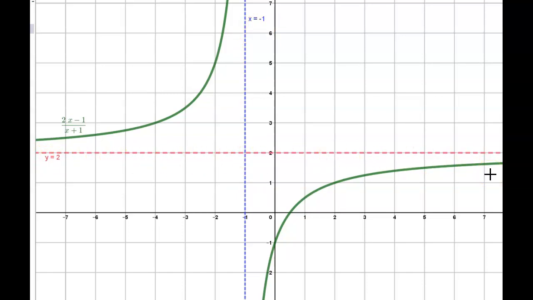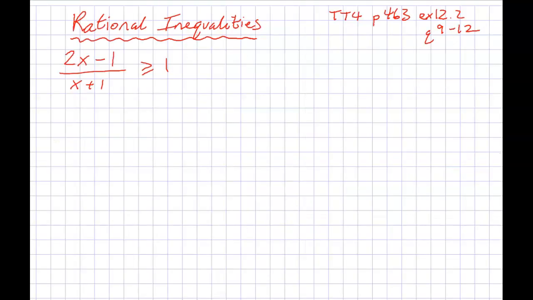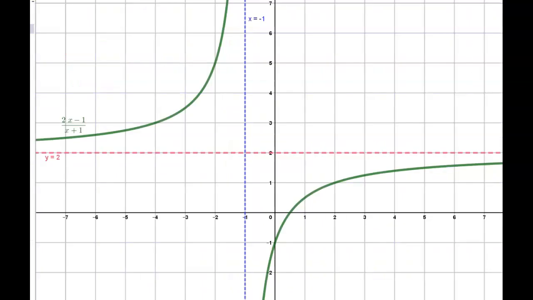The reason for this is that in the domain, you can't have x equal to minus 1, because if you put minus 1 into the denominator, you'd get 0, and you can't divide by 0. So x equal to minus 1 is not an option for the domain values. You can't put it into that function.